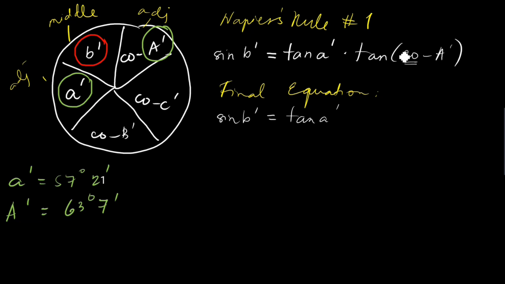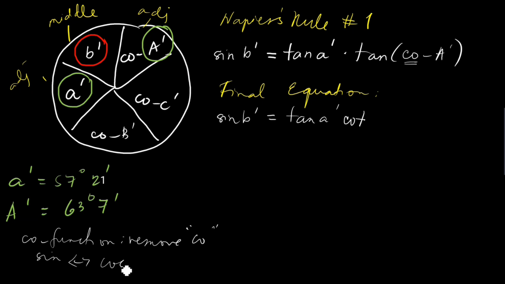To replace the co, tangent will become cotangent. So this is using the cofunction again. Cofunction is used to remove co. So sine will become cosine, vice versa, and tangent will become cotangent, vice versa. So tangent will be replaced with cotangent. Then we have the part big A prime.